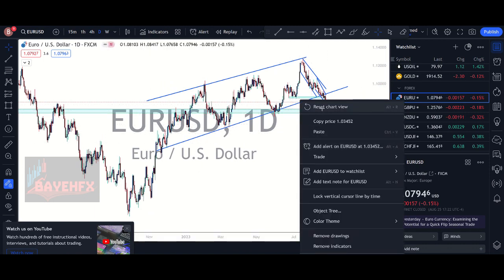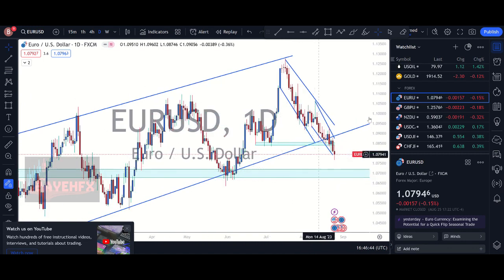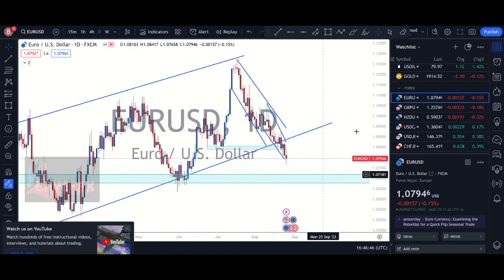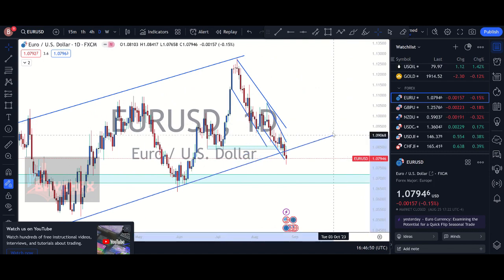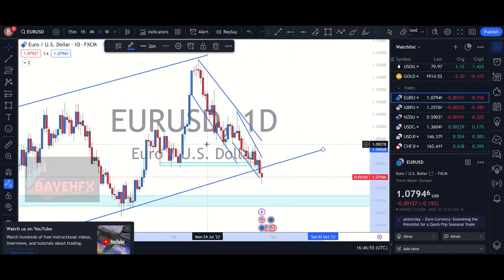Where we will be having our multiple touches, right? You see, this is to confirm the actual breakout really happened.